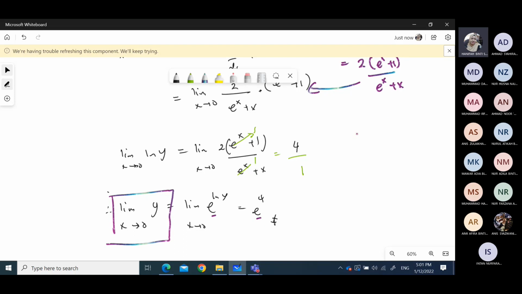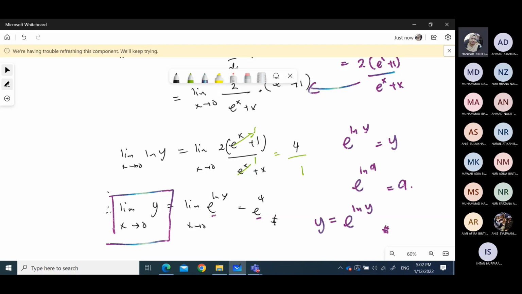So in index and logarithmic function, exponent natural log y, it is equivalent with y. Ataupun exponent natural log of a, it is equivalent with a. Okay? Faham? So, y, it is also equivalent with exponent natural log of y.